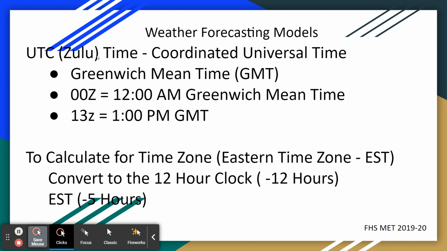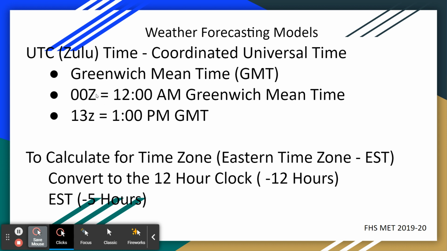In other words, 00Z in the Eastern time zone is also 00Z in Chicago, or in Denver, or on the West Coast. They just have to subtract a different number of hours from it to get to their specific time zone.